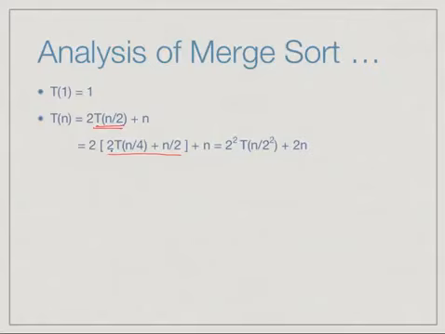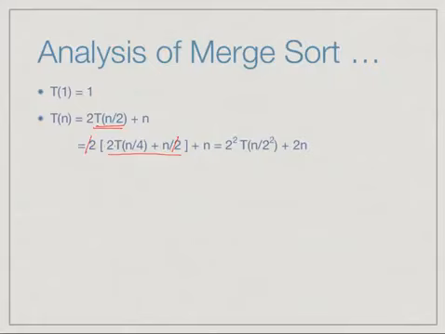And if we rewrite this, we write 2 times 2 as 2 squared, and we write this 4 as 2 squared, we will find that this is equivalent to 2 squared, T of n by 2 squared. And now notice that you have 2 times n by 2 over here, right? So this 2 and this 2 will cancel, so you have one factor of n and another factor of n.